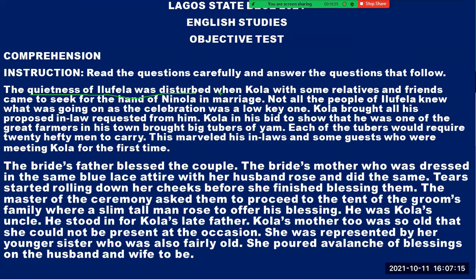Now let's look for the answer. The quietness of Ilufela was disturbed by what? When Kola with some relatives and friends came to seek for the hand of Ninola in marriage. Not all the people of Ilufela knew what was going on, as the celebration was a low-key one. Kola brought all his proposed in-law requested from him.